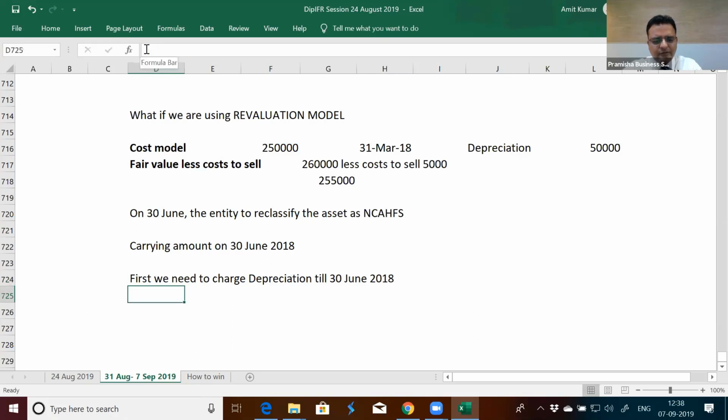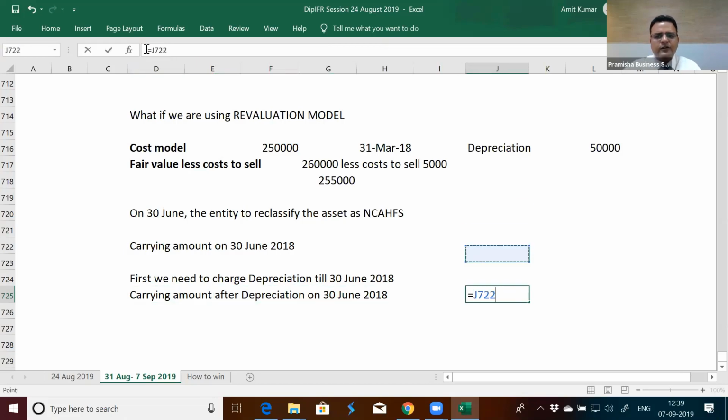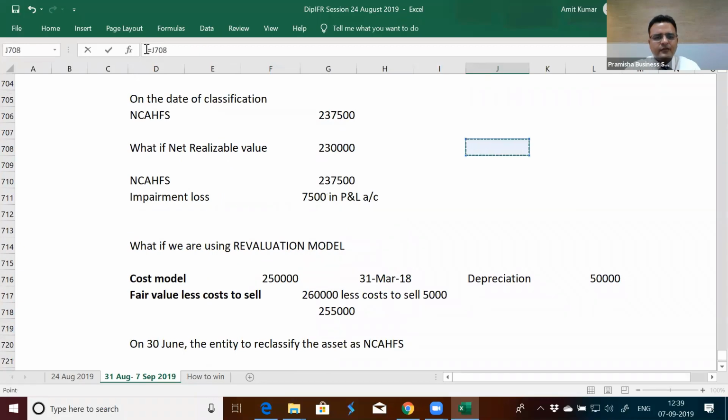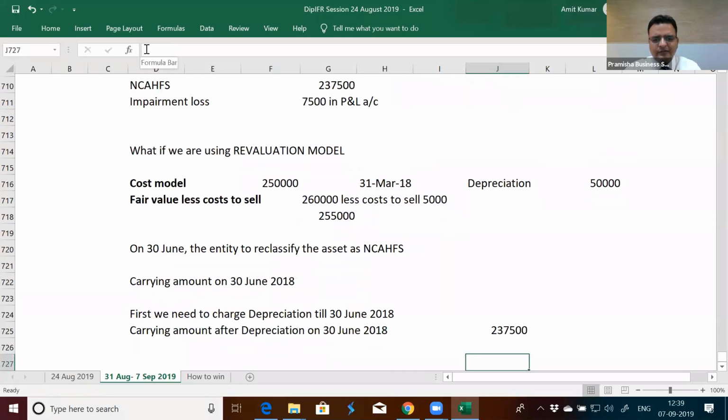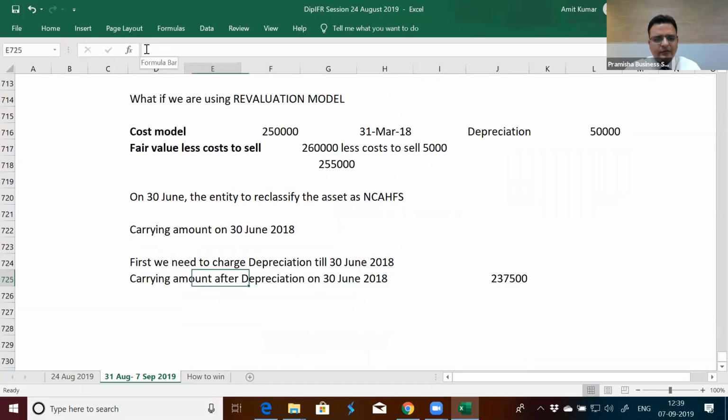If we charge depreciation till 30th June, the carrying amount after depreciation on 30th June 2018 is the same as what we did for cost model. After charging depreciation of 12,500, it turns out to be 2,37,500. So this is the situation of the asset till 30th June.